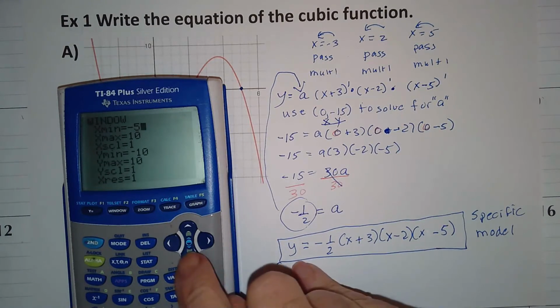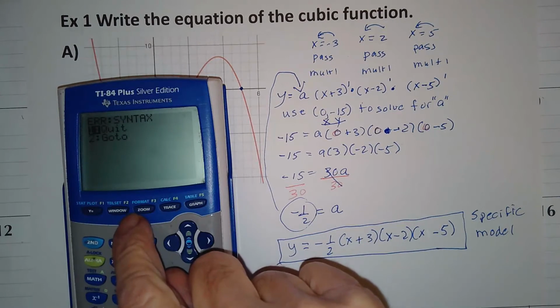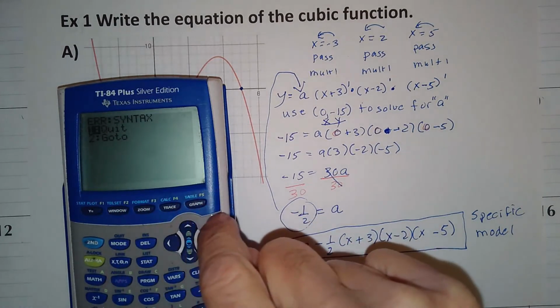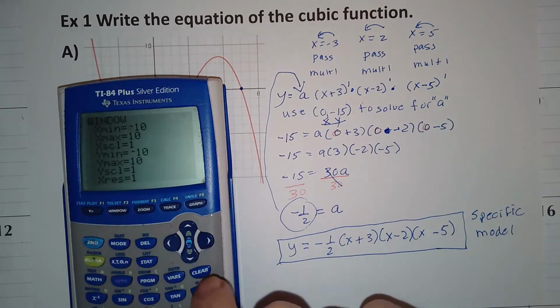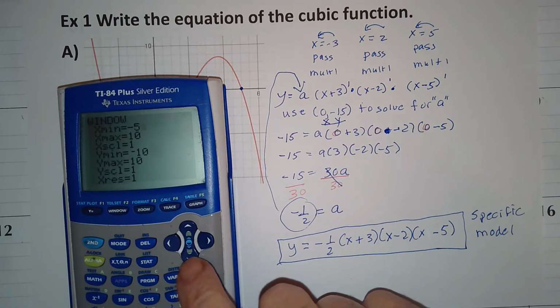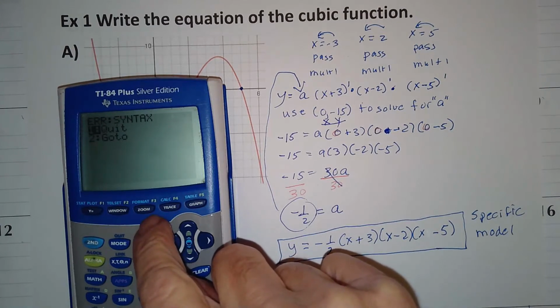You're coming and you're helping. And, whoops, that's not what I wanted to do. So let's clear that. Why did it do that? I don't know. Okay, so I want to change that again to negative 5. Doesn't want me to go down that way.